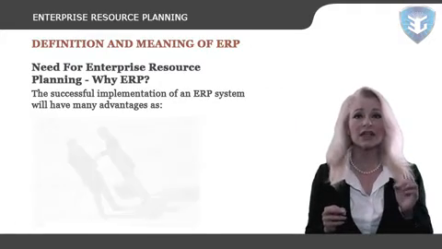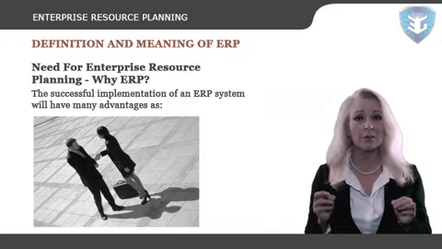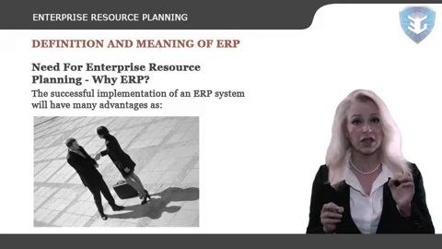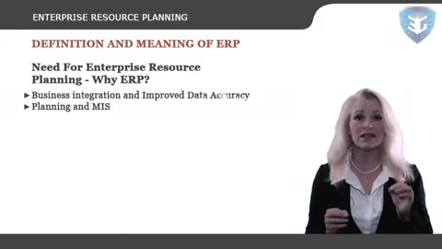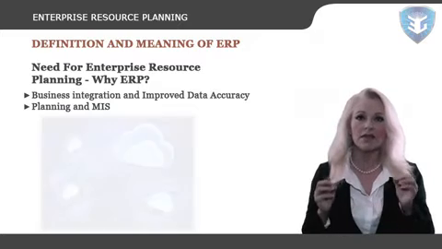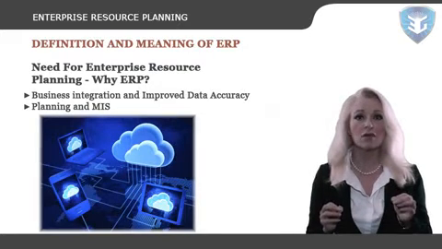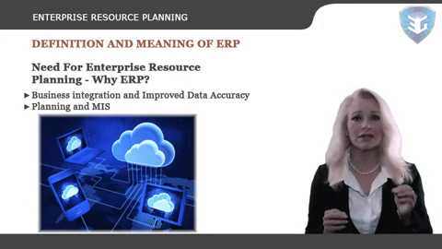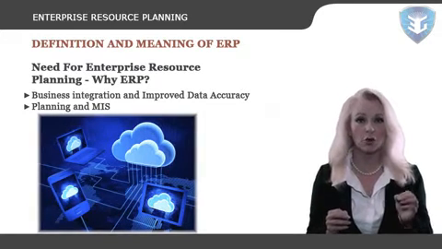The successful implementation of an ERP system will have many advantages, such as business integration and improved data accuracy. The ERP system is composed of various modules and submodules, where a module represents a particular business component.